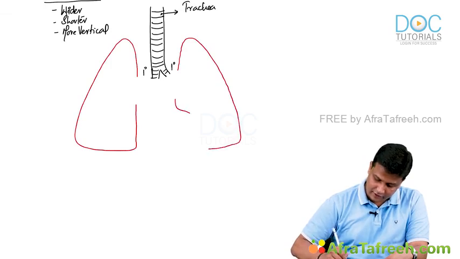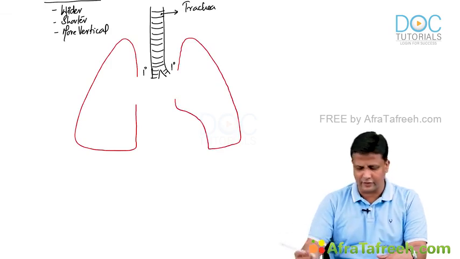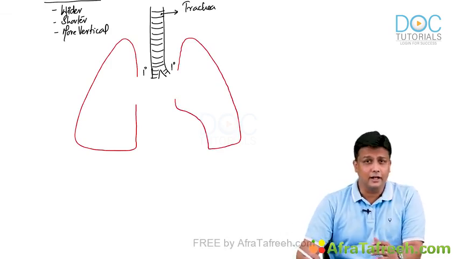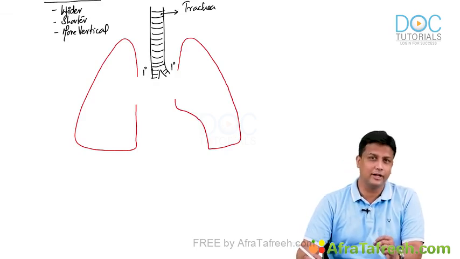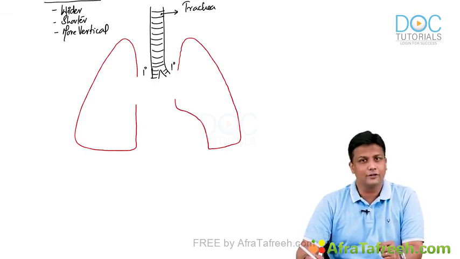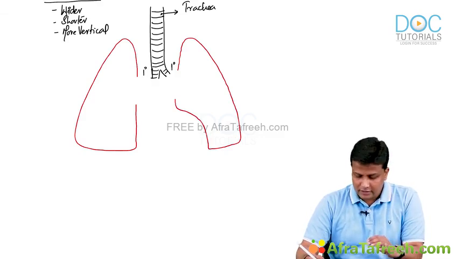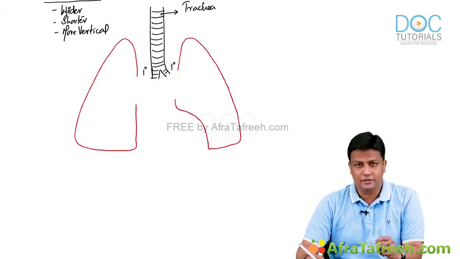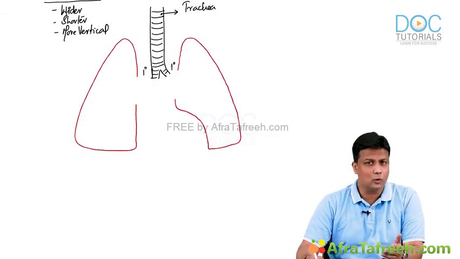And in the left lung, I hope you all know that very well right from first year MBBS days, the left lung will have a notch, and that notch is to accommodate the heart there. That is why it is referred to as the cardiac notch. And just above the cardiac notch, there will be a tongue-like structure known as the lingula. We are well aware about all those things. We don't have to worry about that.